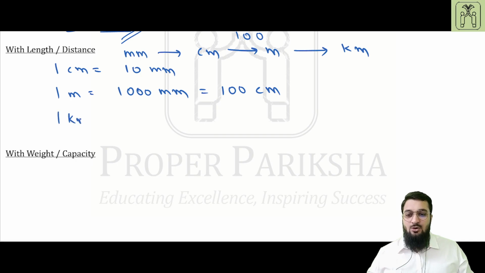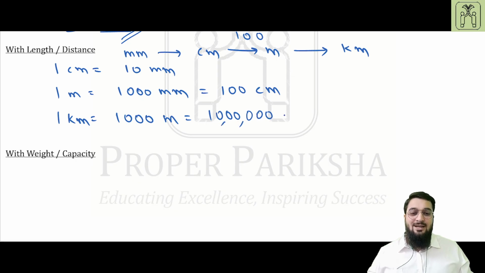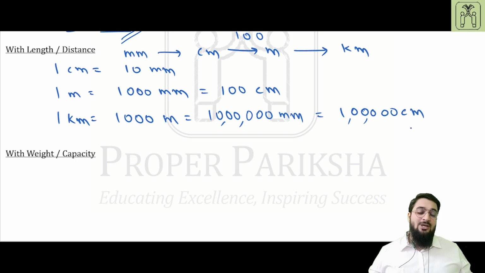And then coming to kilometer, that is 1000 meter, or it can be written as 1000 and again 1000, that is 3 zeros, that is 10 lakhs millimeter, or it can be written as 1000 and 2 zeros leading to 1 lakh centimeters. So these are the conversion factors between kilometer and meter, kilometer and millimeter, and kilometer and centimeter.